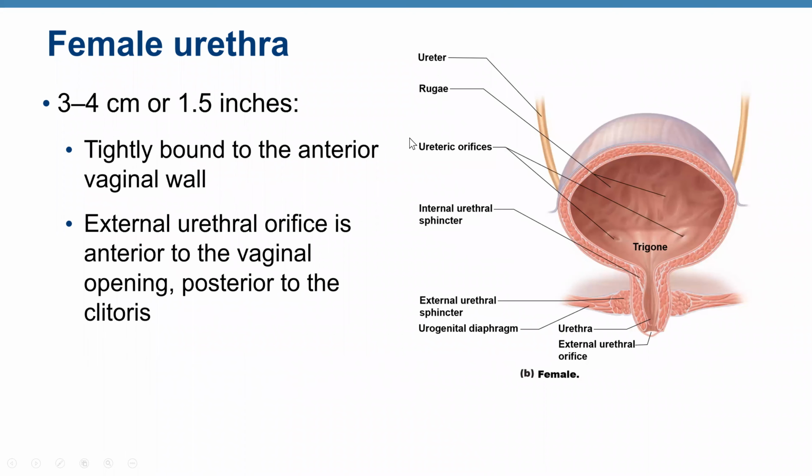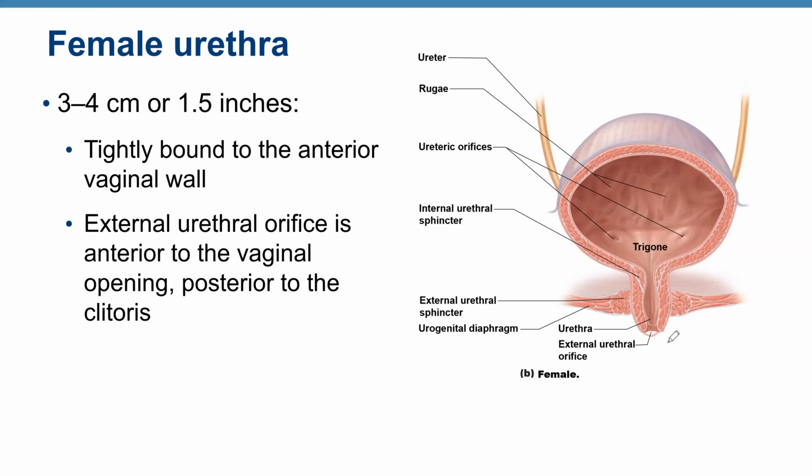Now, female and male urethra are not the same. Female urethra is a short structure, 3 to 4 centimeters or 1.5 inches. It's tightly bound to the anterior vaginal wall. External urethral orifice is anterior to the vaginal opening and posterior to the clitoris. That means the external urethral orifice, the opening of the urethra, is before the vaginal opening.